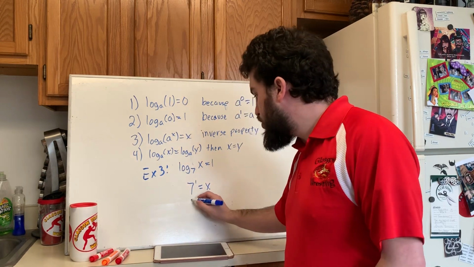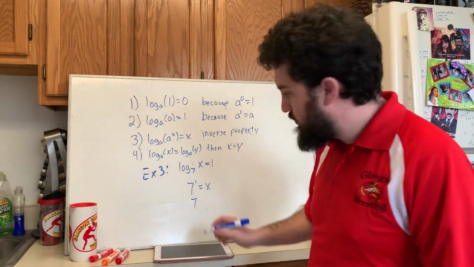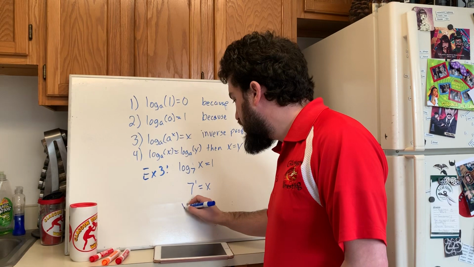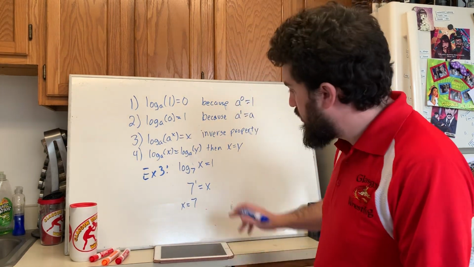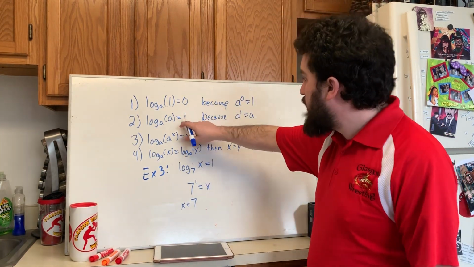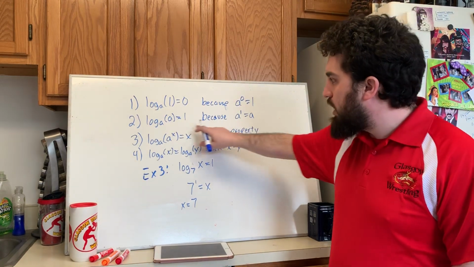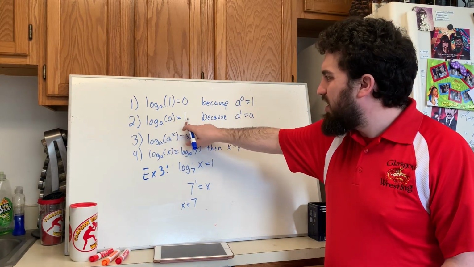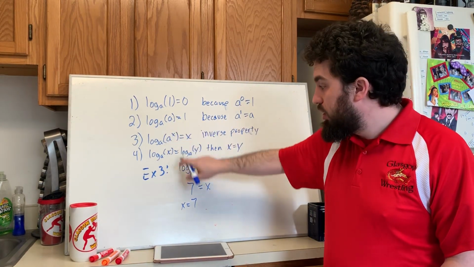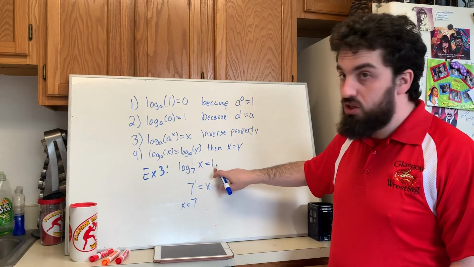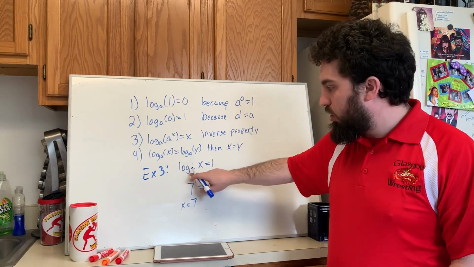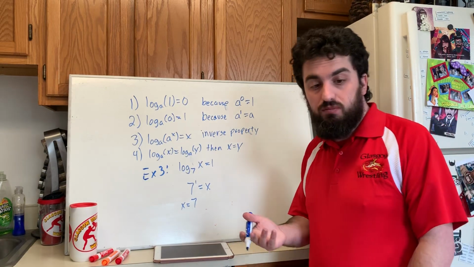Well, 7 to the first power is just 7. So x equals 7. If you think about it, that goes back to this property here. Log base a of a is equal to 1. So if I'm base 7 and it's equal to 1, then I'm doing log base 7 of 7.